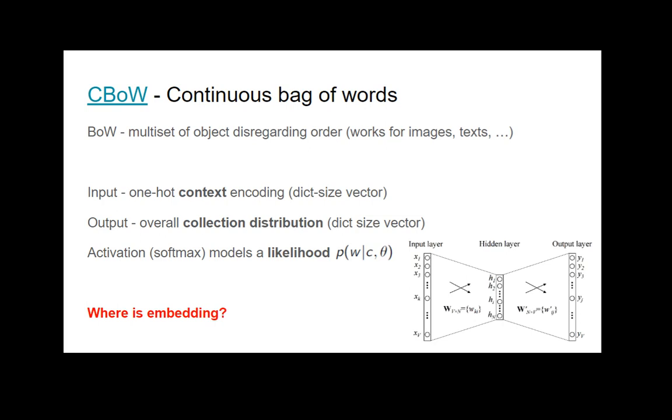And you encode the context by one-hot encodings, placing the numbers in the positions for these words. The output is the overall distribution, saying for this context what the probabilities of words are. And again, the vectors are of the size of a dictionary, so they are wide vectors.